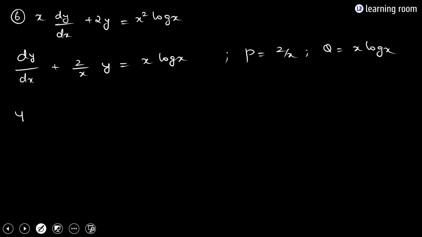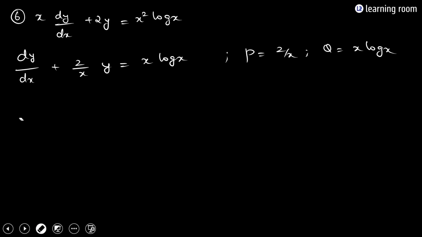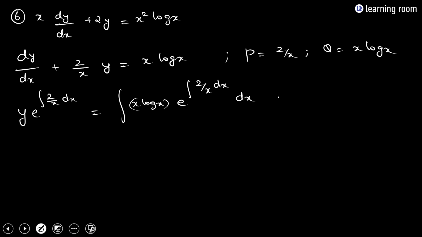y into e power of integral of P dx is equal to integral of Q into e power integral of 2 by x dx, into dx, plus c.